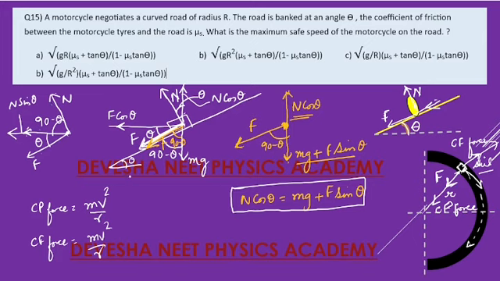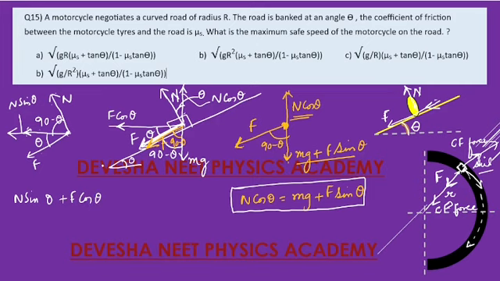Let me erase a few things here. So n sin theta plus f cos theta. Now what is the centrifugal force here? As we said earlier, the centrifugal force acts in the opposite direction, and we said that centrifugal force is equal to mv square by r.